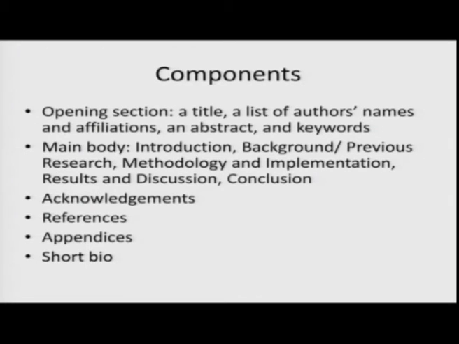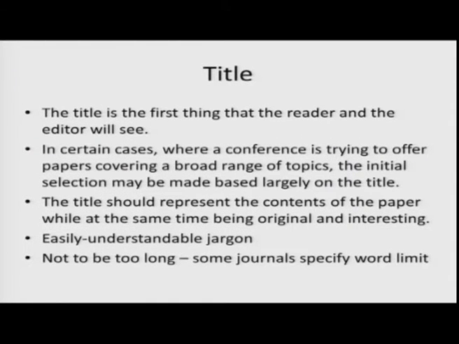Main body has introduction, background research, background information, previous research, then methodology and implementation, results and discussion, conclusion. Then you have acknowledgements, references, appendices, and short bio of the author or the authors. So, first one is title.